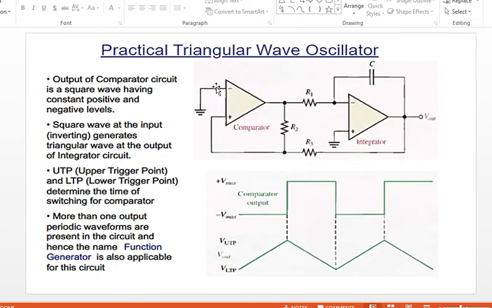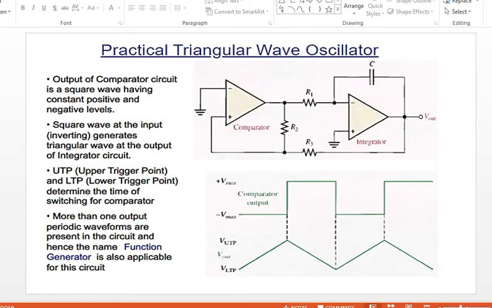Your 0 voltage is a reference with either a positive voltage or a negative voltage. So based on this reference, your output voltage would be a square waveform, right? And when you take the square waveform and feed it to an integrator, the final output waveform would be this triangular waveform. So this is how you will be creating your practical triangular wave oscillator, right?